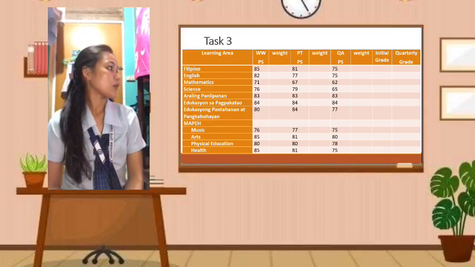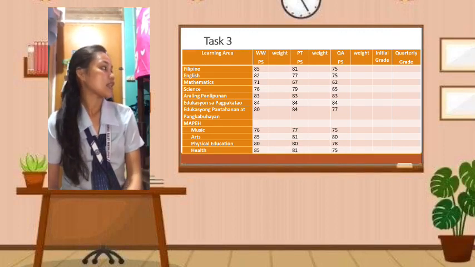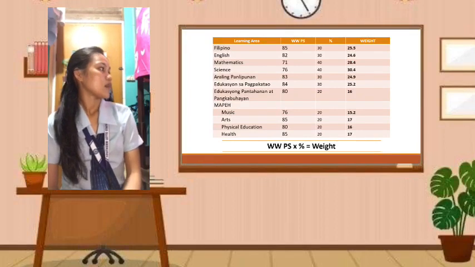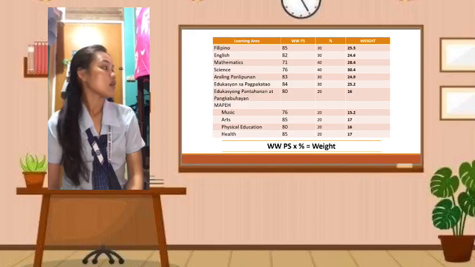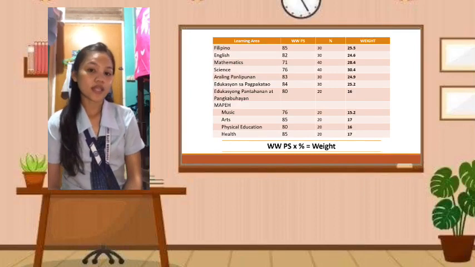from the written work percentage score, we are going to calculate it with written work percentage score times the percentage is equivalent to the weight.